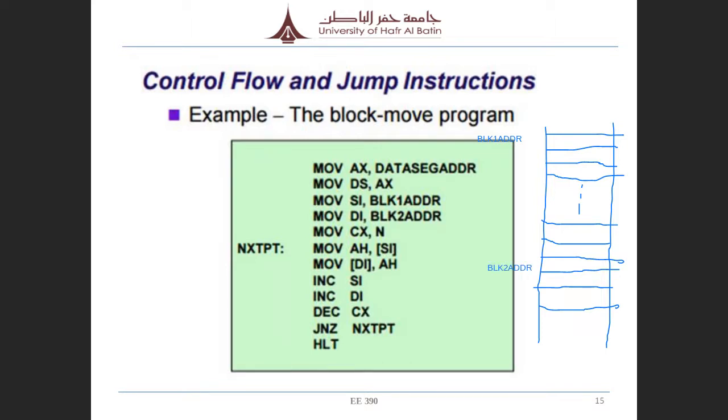So look here, we have a source data beginning with the name BLK1ADDR. Just for example, it can be X, it can be Y, whatever it is. We have a few data here, for example. And this set of data, we want to move from here to this location. The name of this memory is BLK2ADDR.